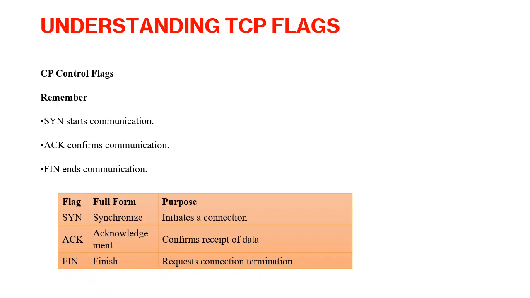Finally, FIN is used when communication is complete. It means I have finished sending data and want to close the connection. So remember, this is an easy shortcut: SYN starts, acknowledgement confirms, FIN finishes.